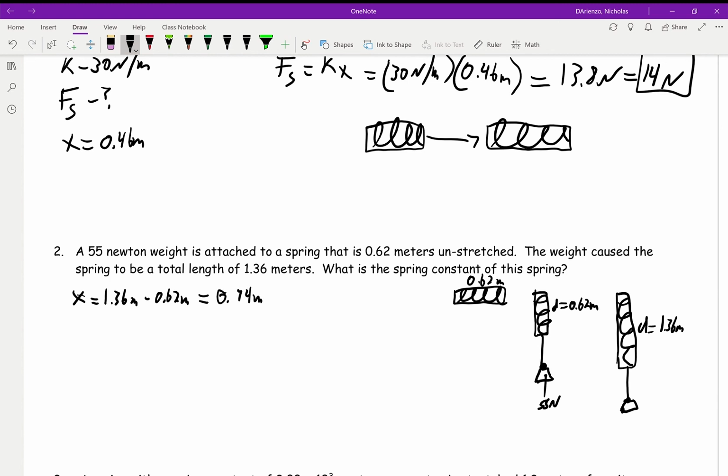This is the difference from its equilibrium position to where it was stretched. We know the applied force on the spring is 55 newtons, and that's from the weight that's attached to the end there. And from that we can figure out our spring constant.